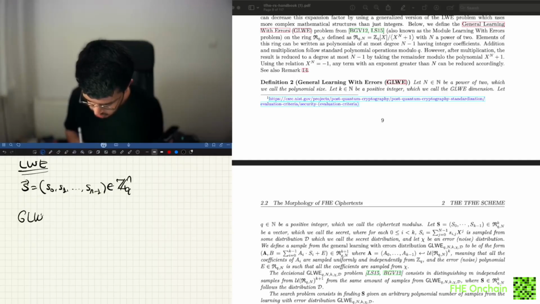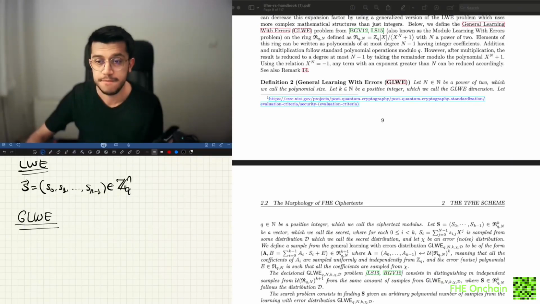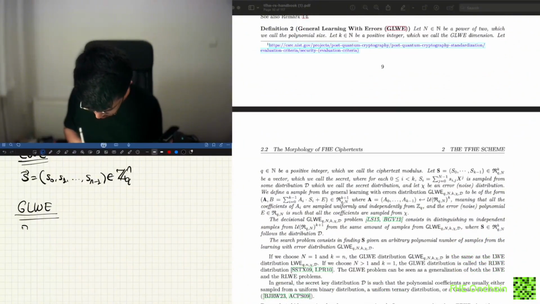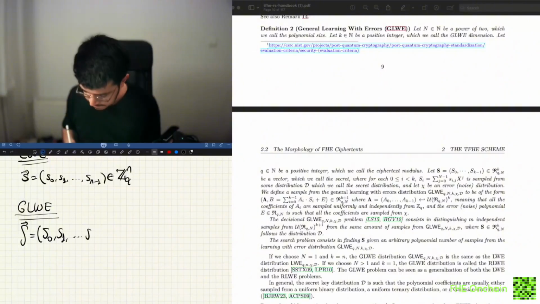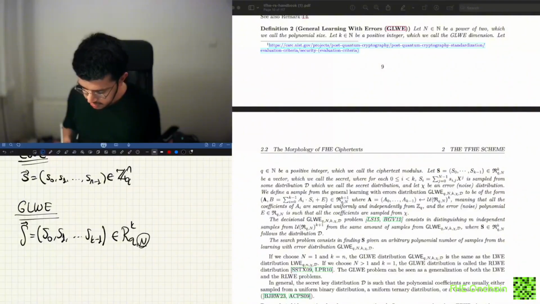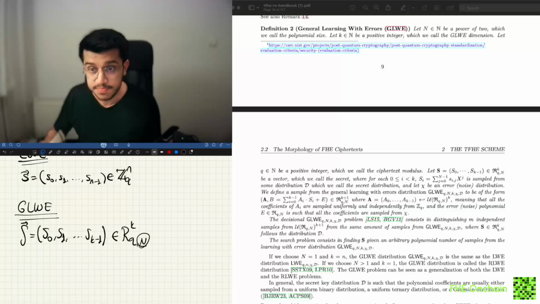In GLWE, we have, obviously, the capital S, but I'm not sure I'm going to be able to write that, which is also a vector, but a vector of polynomials instead. So this is going to be R_Q^k. There also needs to be an n written, but I'm not going to write it anymore. It's obviously the polynomial modulus.